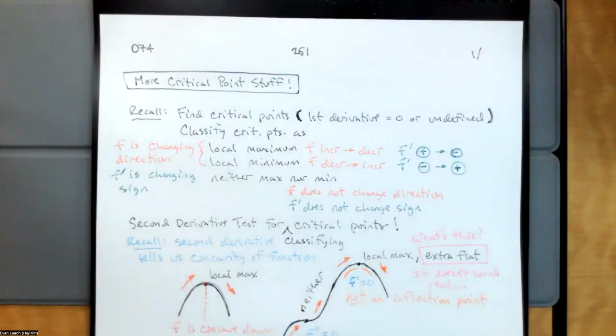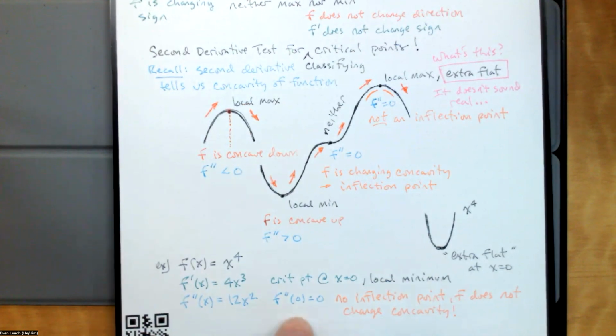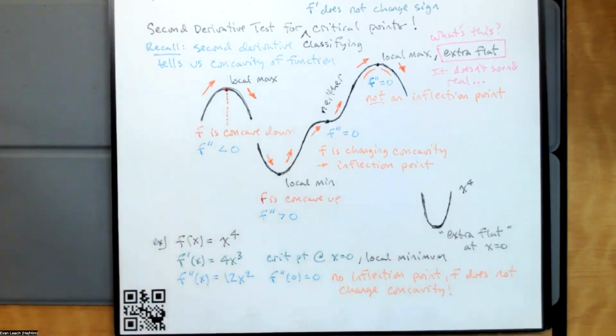Over on this previous one, if you look at the second derivative and say it's 0, you would say it's neither a local minimum nor a local maximum, and you would be wrong because it's a local minimum. So when the second derivative is 0 at a critical point, you have to go do something else.